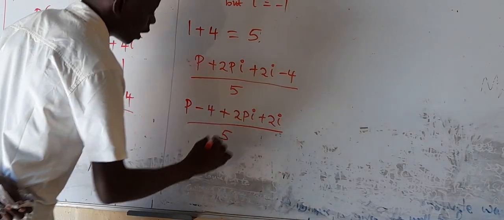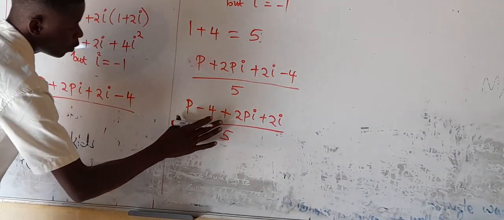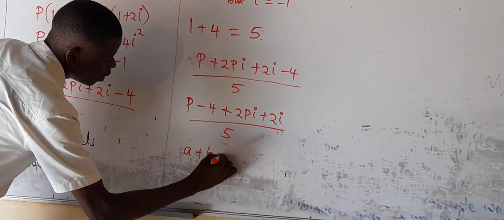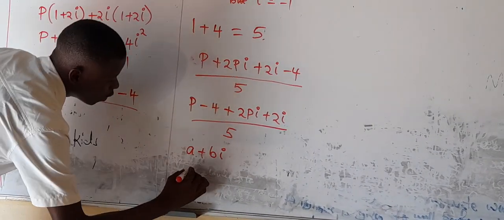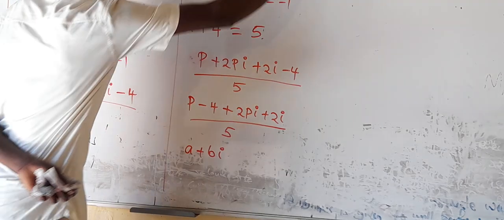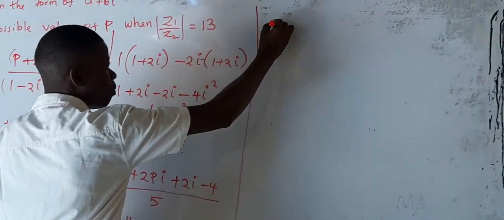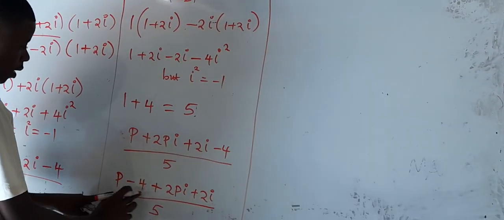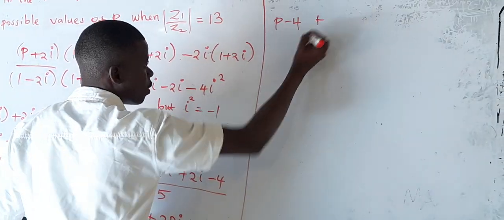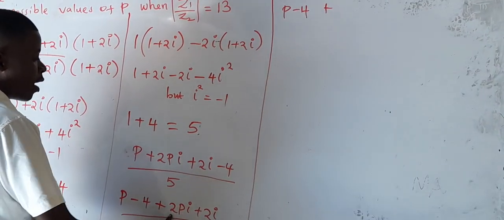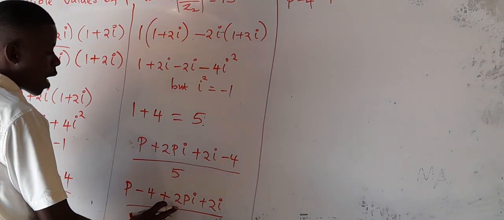But we have been told to express this in the form of a plus bi. So we'll have p minus 4, and then plus 2pi plus 2i. There's i in common here, so we factor out i.